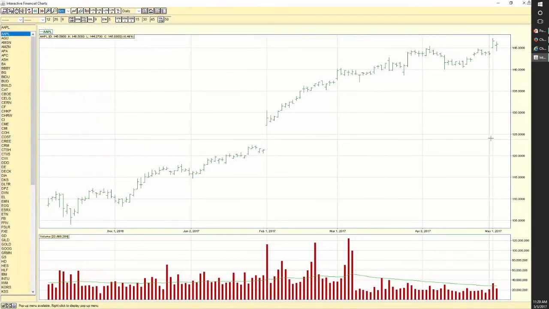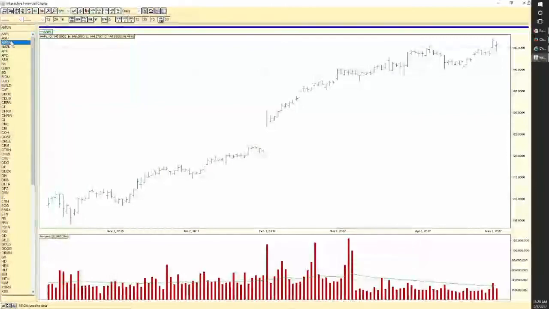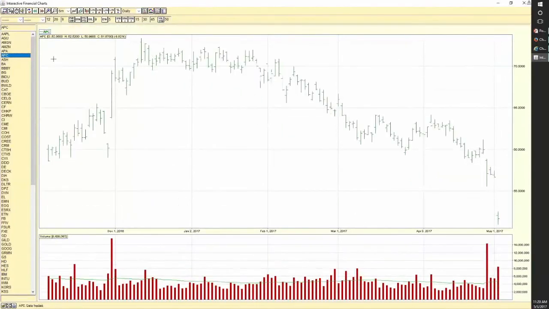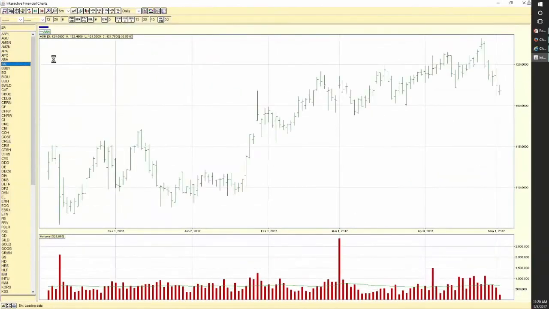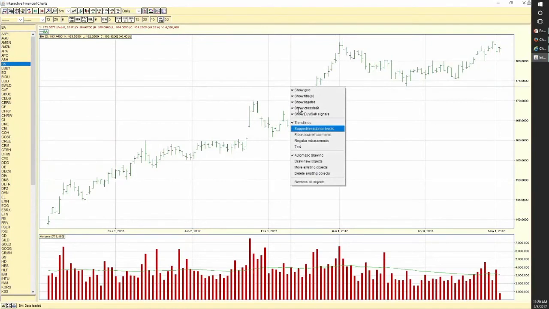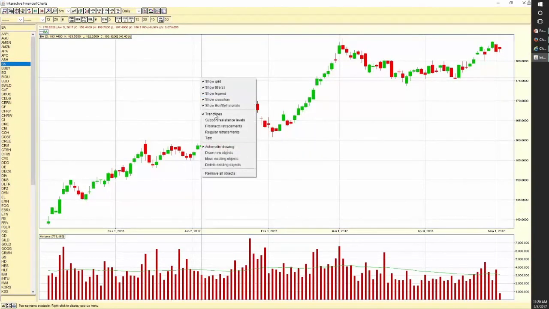Take a look at Apple here. That's at the top of my list, and Apple's been going sideways since about the end of March. Let's see if we can't find one that's a little bit more sideways. I'm just going through my favorite watch list here. Like Boeing. Boeing's got, if I were to just look at this naked chart, let's put it up on the candlestick so you can see it very nicely.